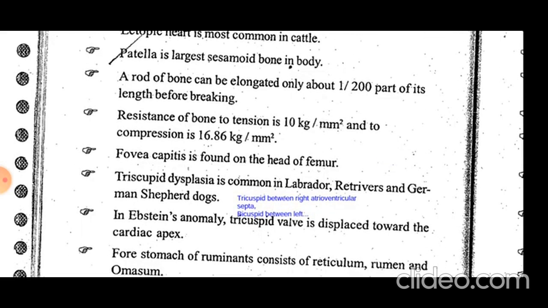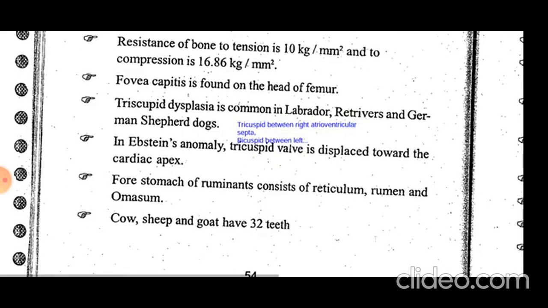Remember that the tricuspid valve is between the right atrium and ventricle, and the bicuspid valve is between the left atrium and ventricle of the heart. In Ebstein's anomaly, the tricuspid valve is displaced toward the cardiac apex.